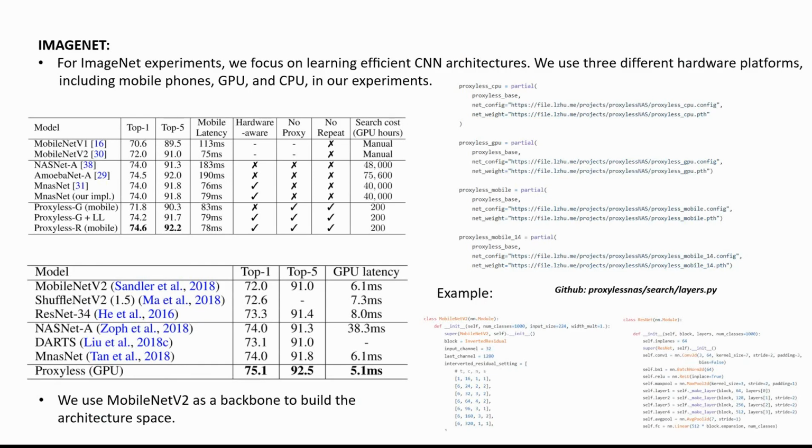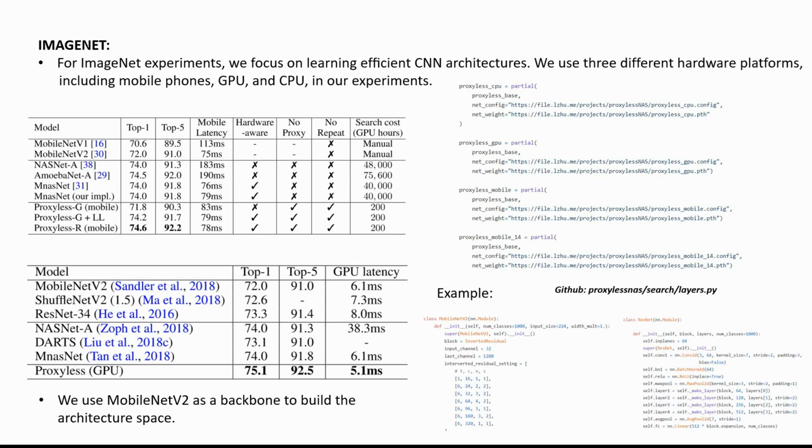And ImageNet. For the ImageNet experiment, we focus on learning an effective CNN architecture. We utilize three hardware platforms, that is GPU, mobile phones, and CPU, which you can see in the right-hand snippet.